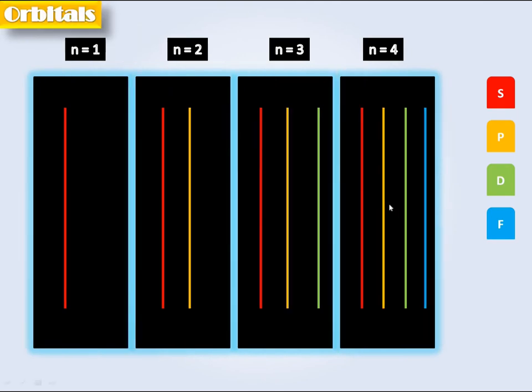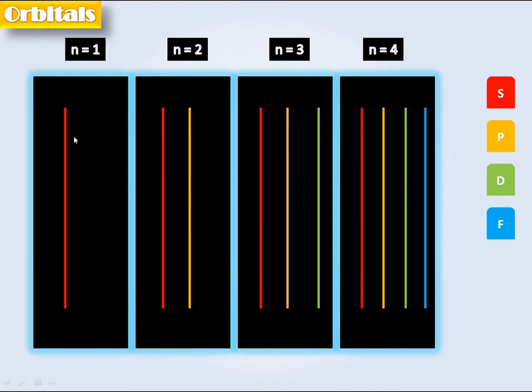We're moving on now to the final, which is called orbitals. Now I'm trying to show you how the orbitals are placed within the energy levels. What are orbitals? Orbitals are the last place whereby electrons are placed within the atom. So we have the energy level, then the sublevel, then the orbitals.